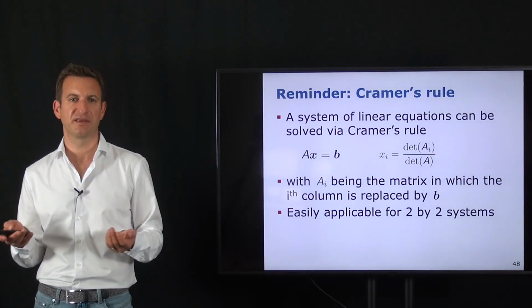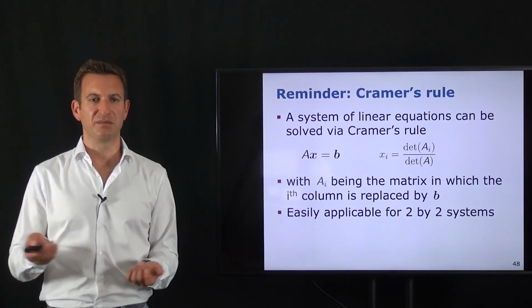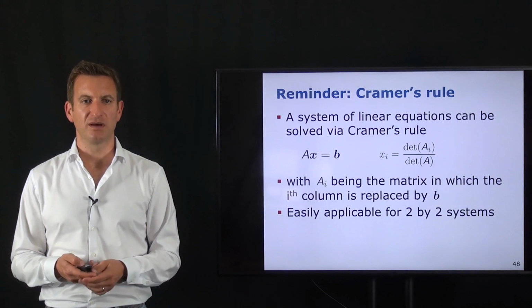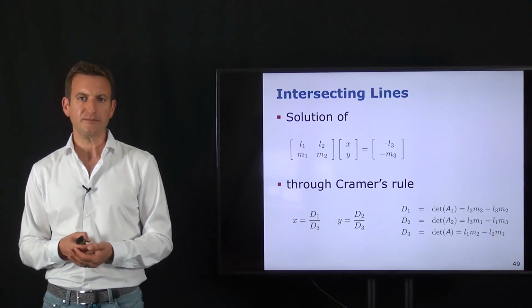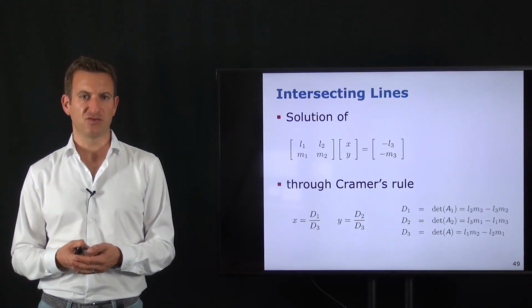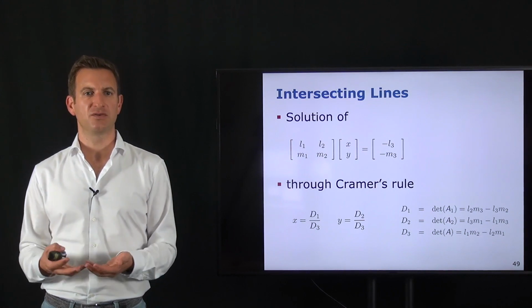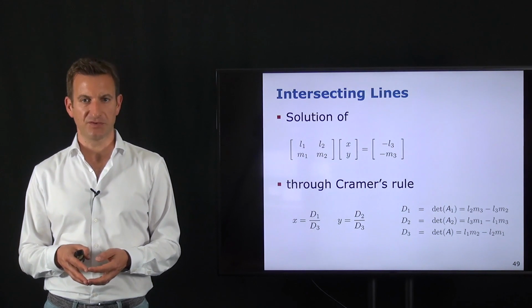This is especially easy in 2D, because in 2D the determinant can be computed directly without needing a lot of complex instructions. So let's go through that step by step. I want to compute the solution of the system shown here, which is the system I need to solve in order to find the point at which 2 lines L and M intersect.